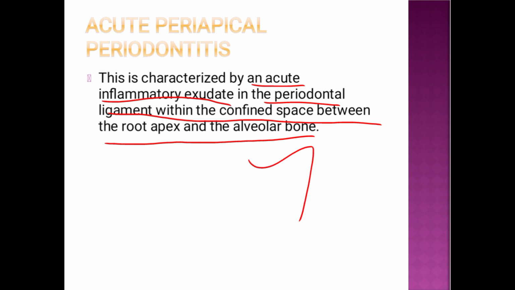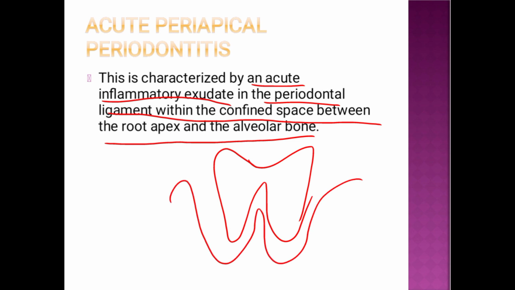If this is your tooth, right, there is an inflammation here. This is the pedial fibers, and the inflammation is here. This is the acute inflammatory exudate. So basically what you can see is an acute inflammatory exudate in the pedial fibers. The space is between the apex of the root and the alveolar bone.